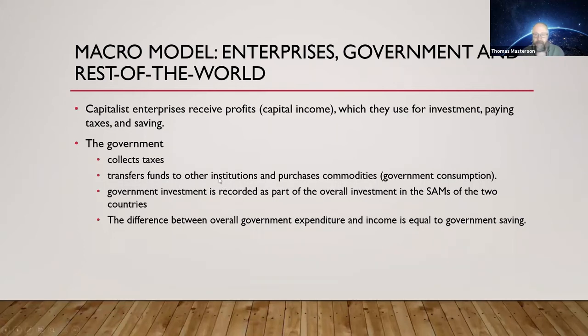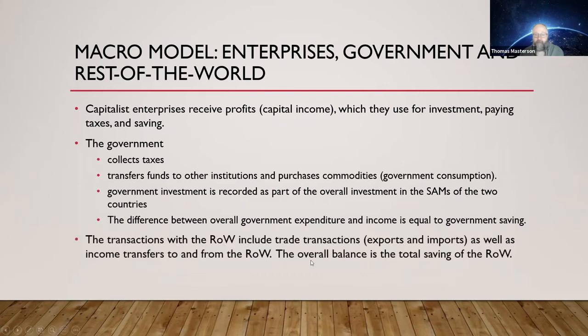Transfers to other institutions include transfers to households, since those are also institutions. And the transactions with the rest of the world include trade transactions, so that's exports and imports, as well as income transfers to and from the rest of the world. The overall balance is the total saving of the rest of the world.